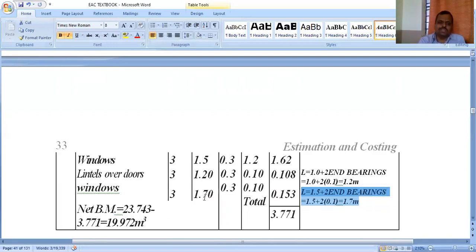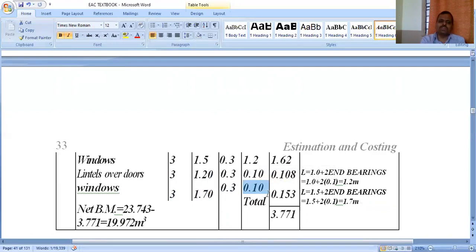There are three windows here, so just multiply with the length of 1.7. The width of the lintel is again 0.3 meter, whereas the thickness or depth of the lintel is 0.1 meter. You get the total quantity of lintel above the windows as 0.153.